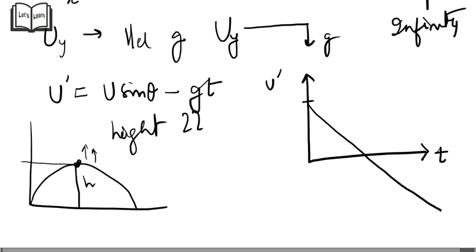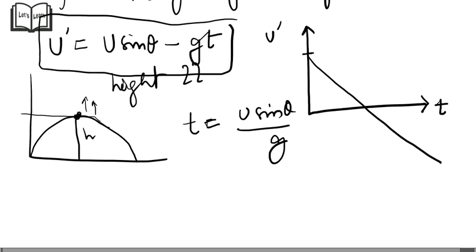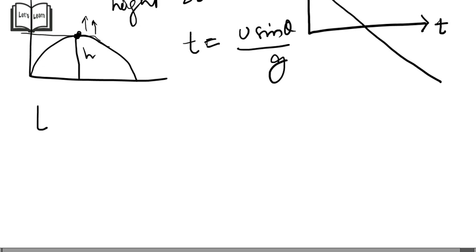It is just sliding along the horizontal line. So uy should be 0. To make uy 0, we have t equal to u sin theta by g.